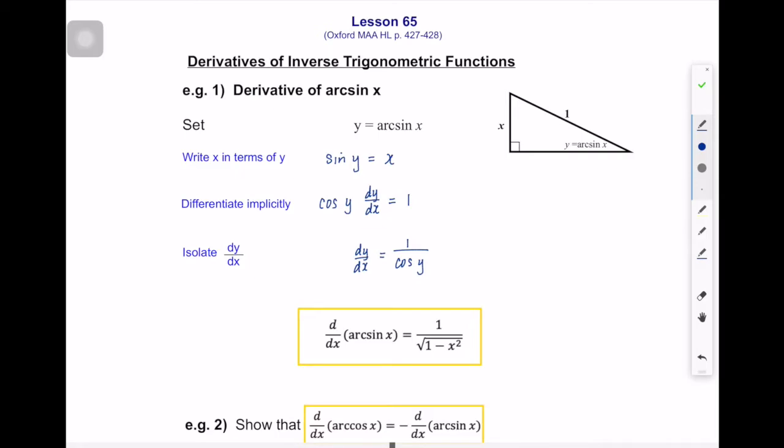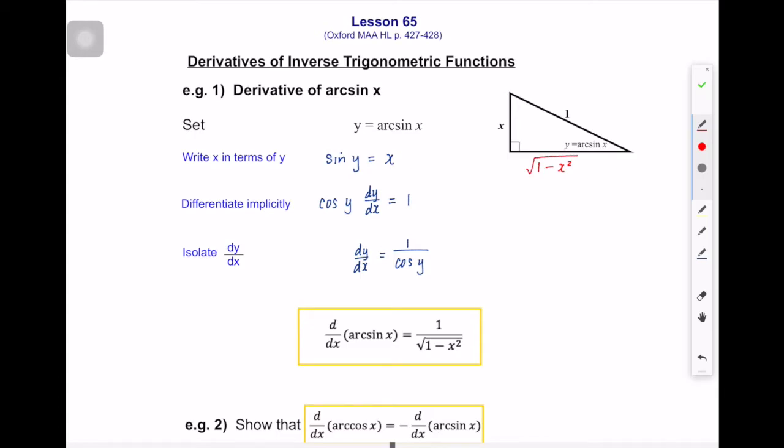What does this mean in terms of x instead of cos y? Let's go back to the diagram. Using the Pythagorean theorem, I can figure out the third side, the bottom side or the adjacent side to the angle y, as the square root of 1 squared minus x squared.